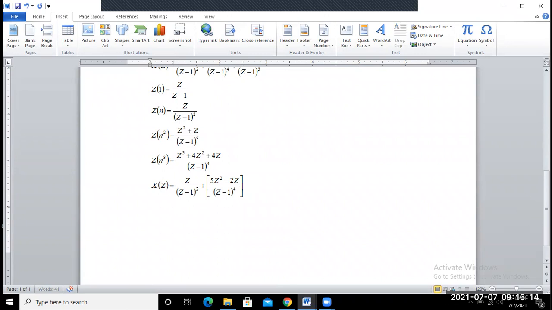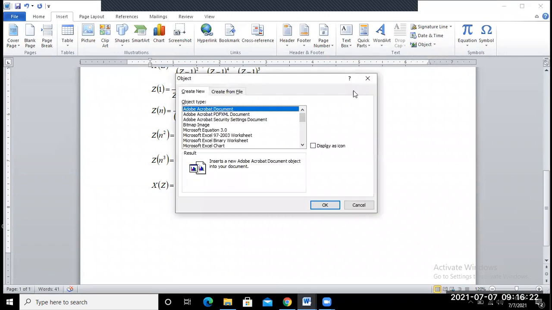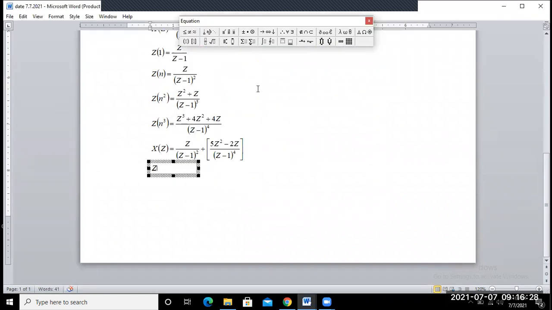So find the inverse of 5z square minus 2z divided by z minus 1 whole to the power 4.